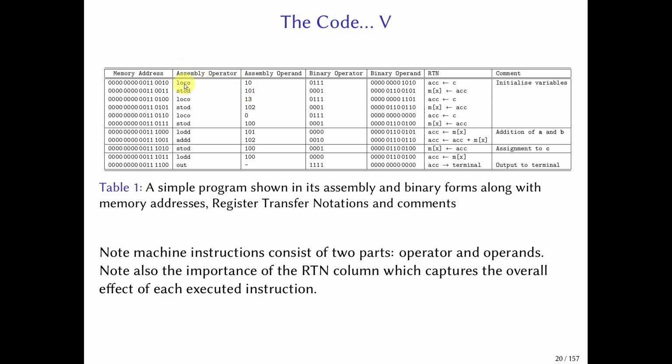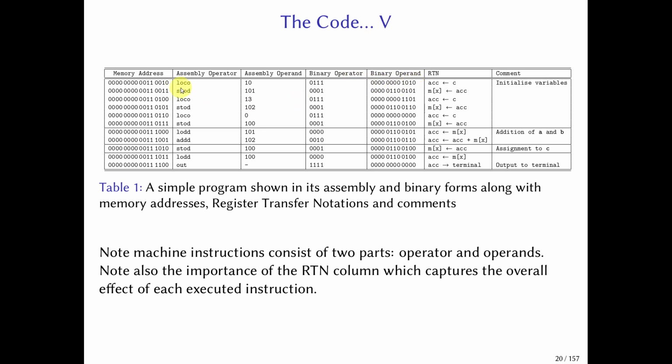Now remind yourself that when we look at the assembly form of a machine code instruction, that's symbolic so that human beings can understand it, but what the actual computer sees is a 16-bit number. And we can break that 16-bit number into two components: the first 4 bits represent the operator part of the machine code instruction, and the remaining 12 bits represent the operand value.